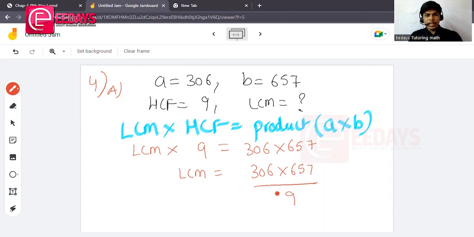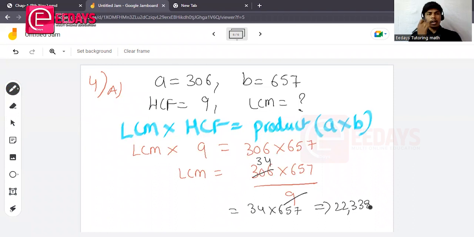Any cancellations here, guys? Let's do the calculation. 9 3s are 27 and 9 4s are 36. We simplified to 34 into 657. After multiplying this, you'll get 22338.